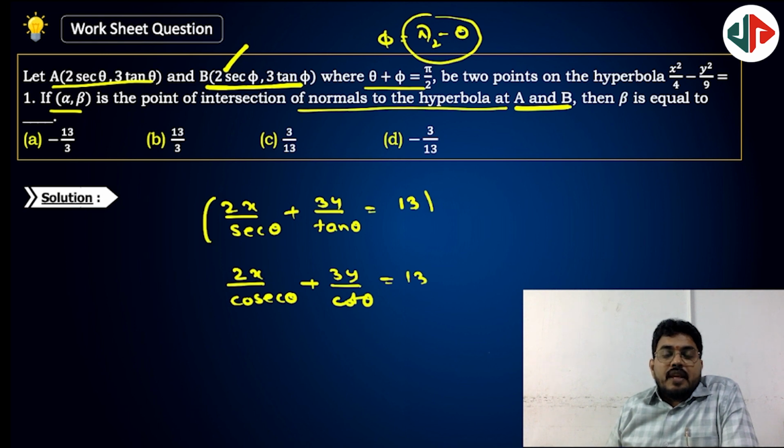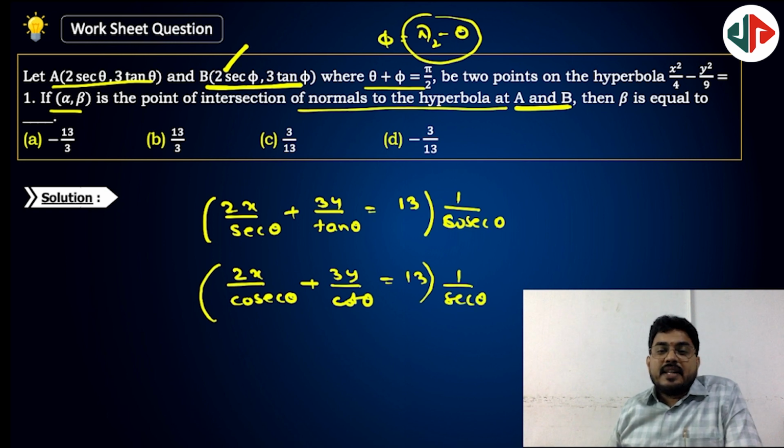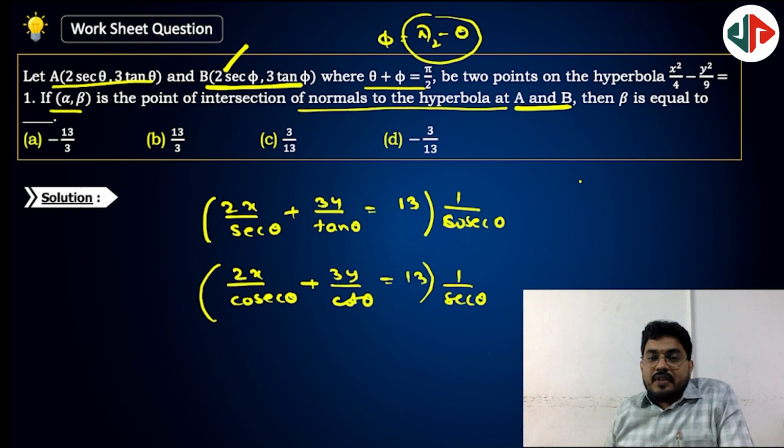So I'll multiply this one with cosecant theta and I'll multiply this one with 1 by secant theta. So 2x cancel, denominator cancel. So 3y by sin theta by cos theta into this one.